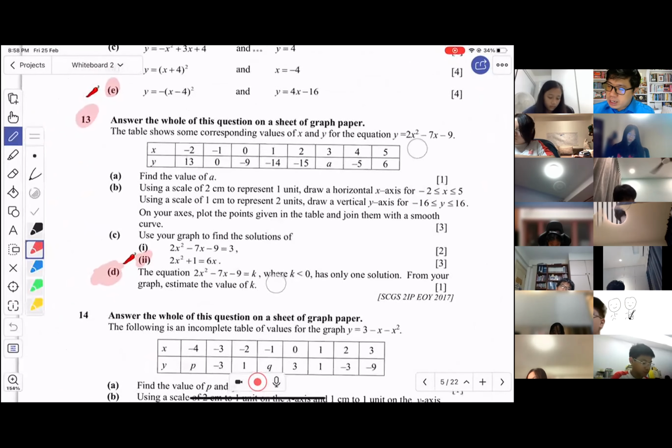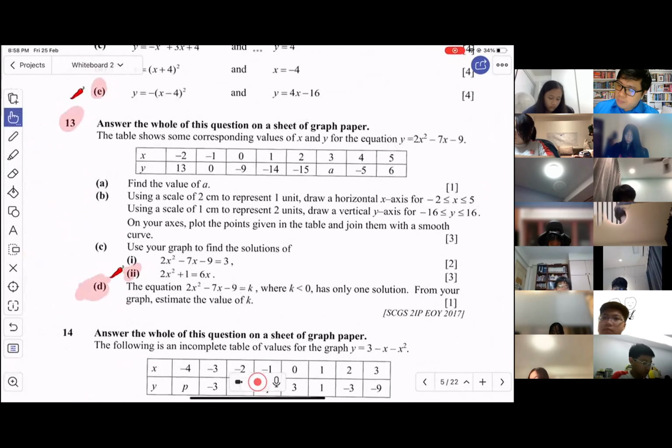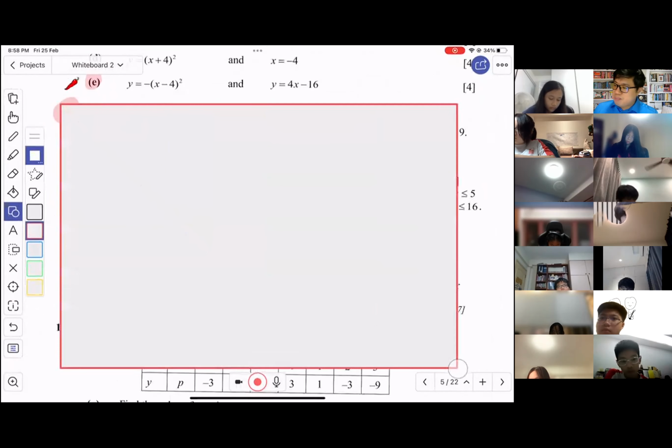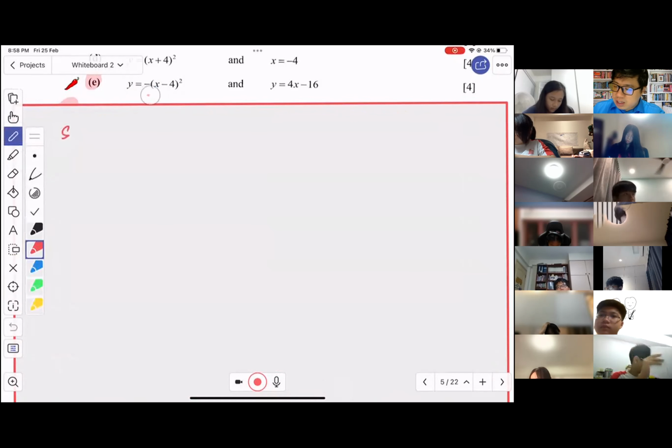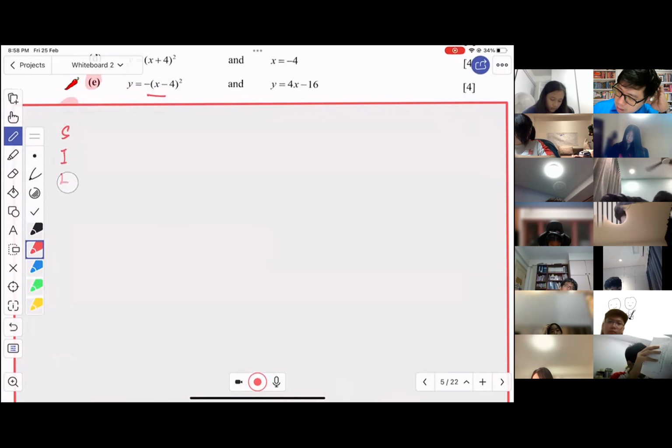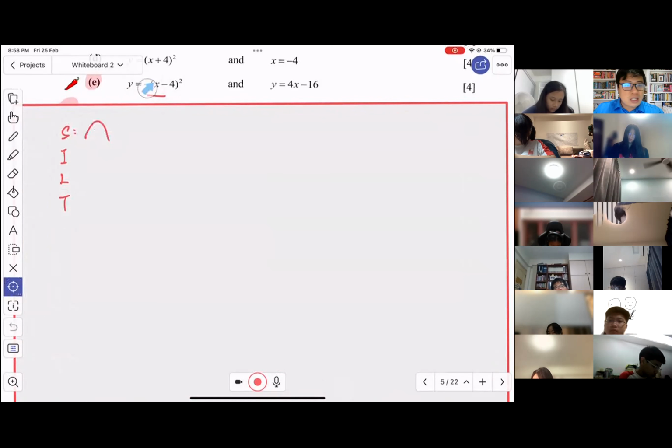For this graph, it's quadratic, so I'll follow SITL. In fact, it's factorized, so I can do SITL. The shape is negative because the coefficient of x squared is negative.